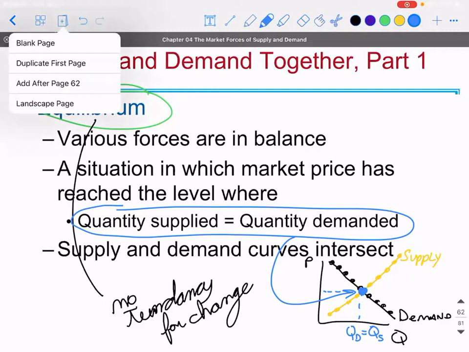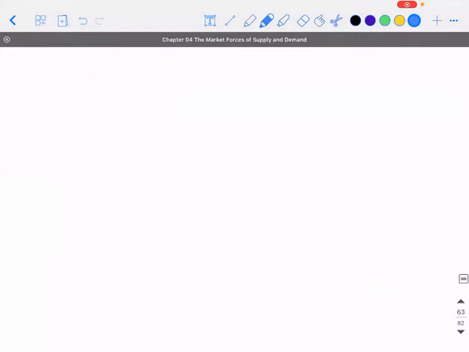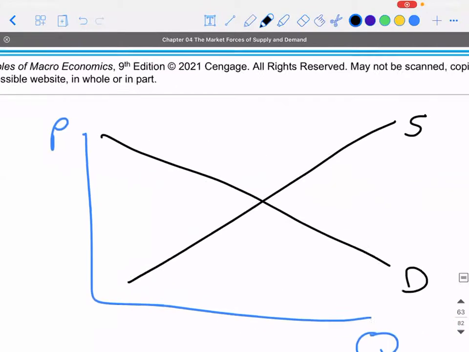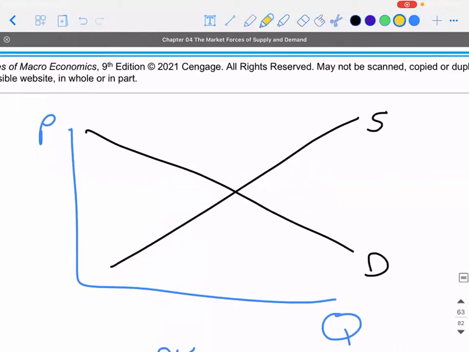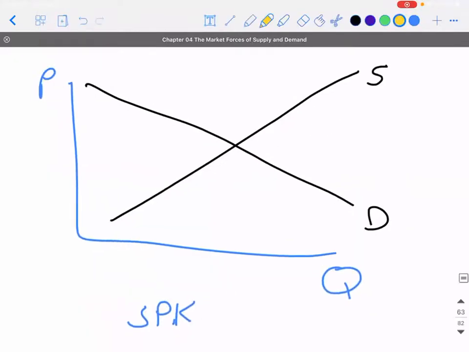See, at a different price, Sour Patch Kids market, then at the price of $4, let's put $4 way up here.